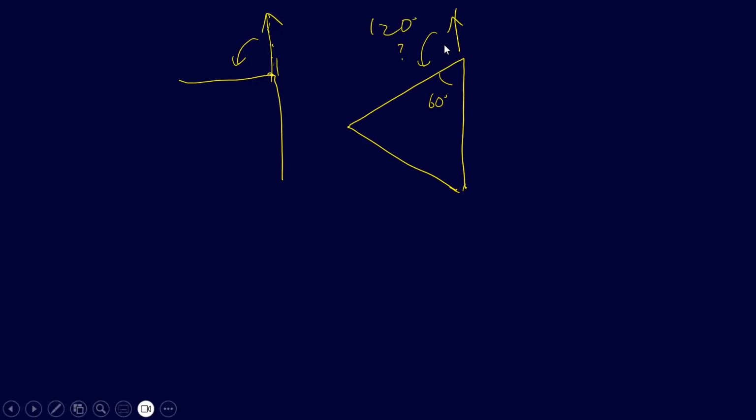In the case of a triangle like this, what is the degree to turn? As you might know, this inner angle is 60, so this should be 120, right? And then also we need to loop 3 times to draw a triangle.